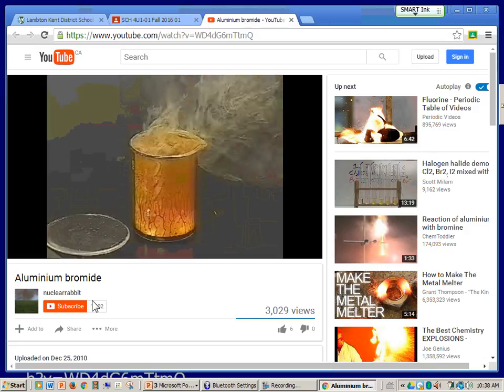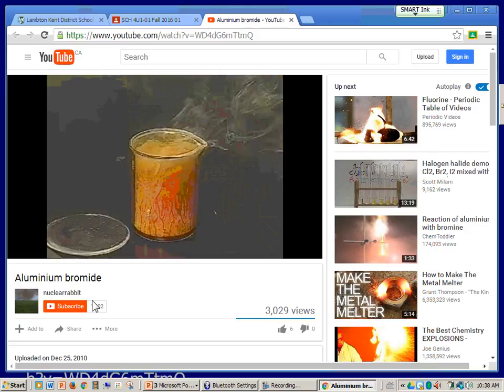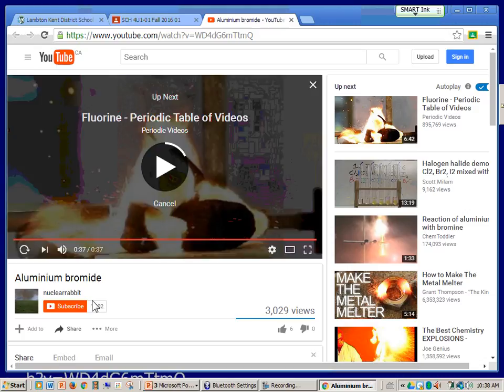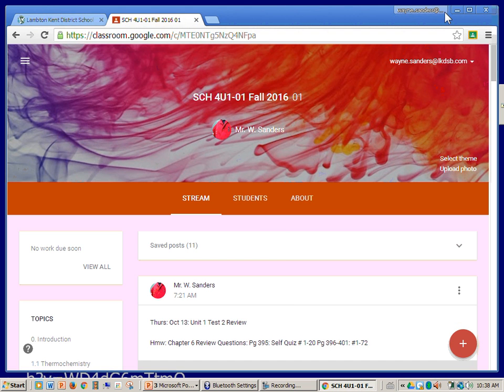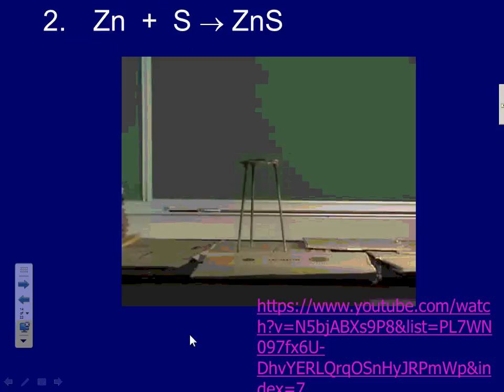So this reaction happens spontaneously. It gives off energy. And in the end, the white smoke and the white powder on the rim is the aluminum bromide. Okay. Don't write this one down. We've got one example written down. We're good.